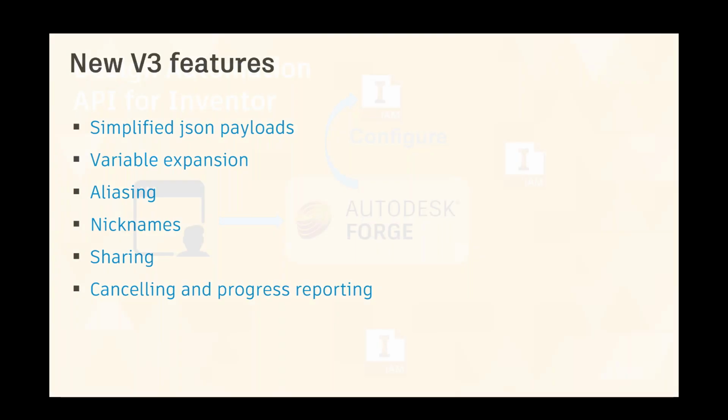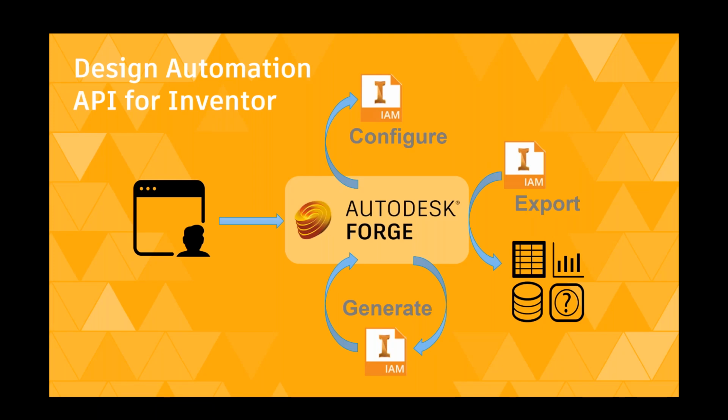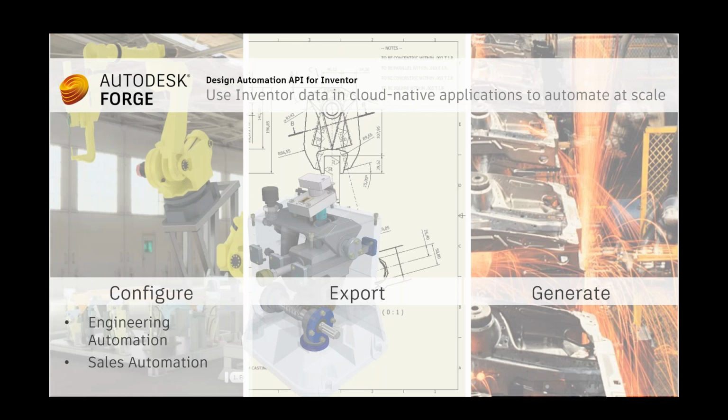If we look at design automation APIs for Inventor, we're targeting basically three main workflows: configure, export, and generate. And I'll walk into some of these in detail. So if we look at the configure workflows, we're really looking at engineering automation workflows and sales automation workflows. So whether that's internal process automation or generating models or materials for sales or requests for quotes.